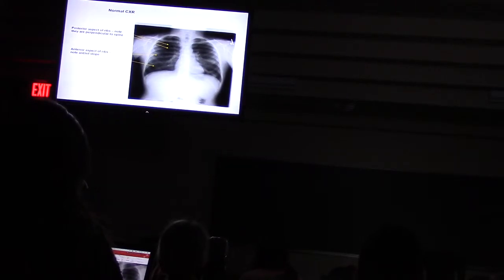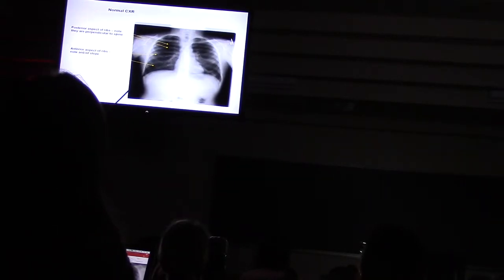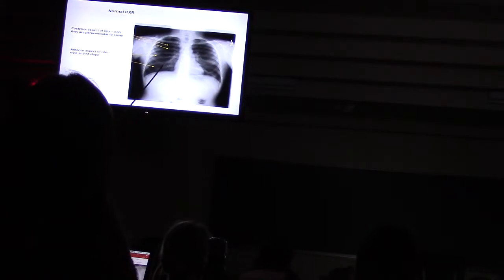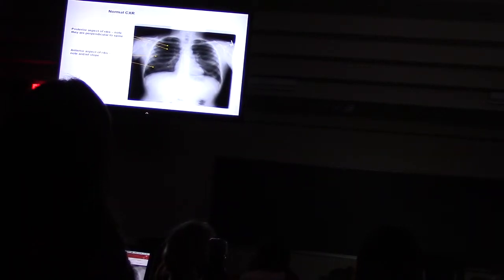So you're going to see not only the posterior aspect of the rib, but the anterior aspect. There's the anterior aspect of the rib going down. You see where that arrowhead is? And it stops right there. That's where the costal cartilage would take it to the sternum. Cartilage, as I've said 19,000 times, is not radio-opaque. You can't see it. That's why there's no apparent connection to the sternum.